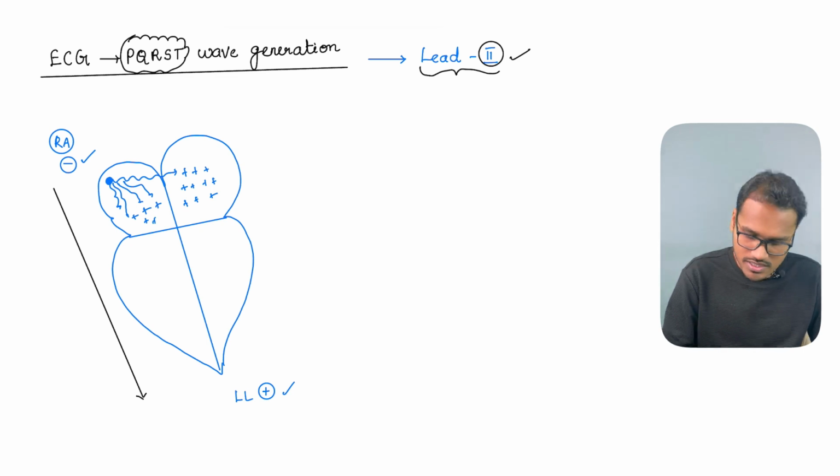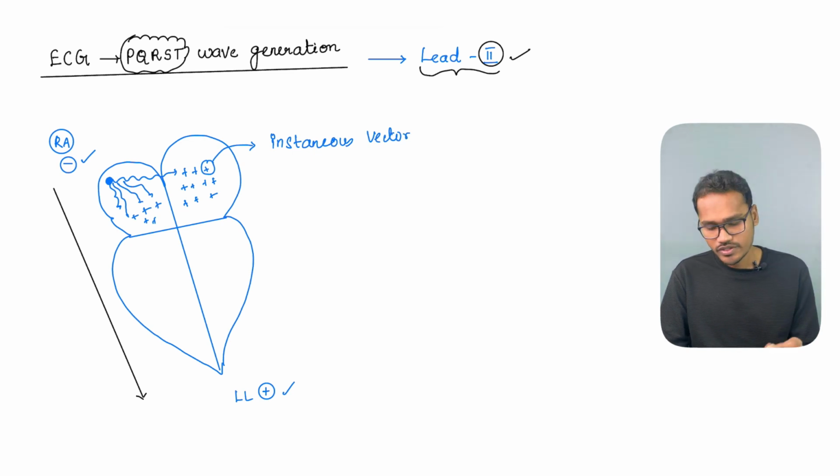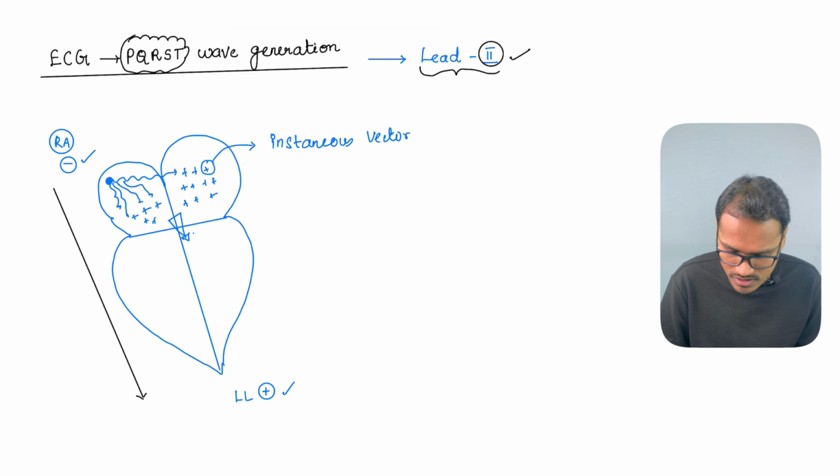These minute positive charges are called instantaneous vectors. But obviously, the ECG is not going to record all of them. It is going to summate all of them and give one recording. That vector is called the mean vector.